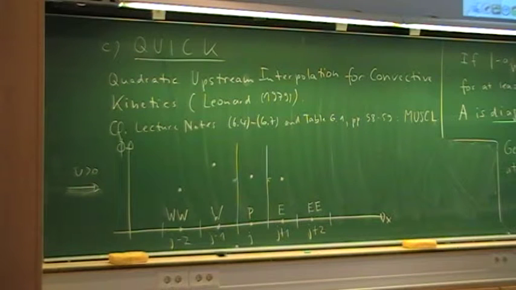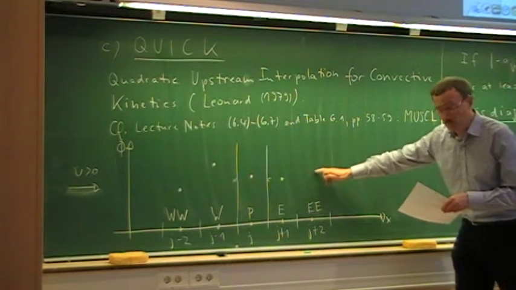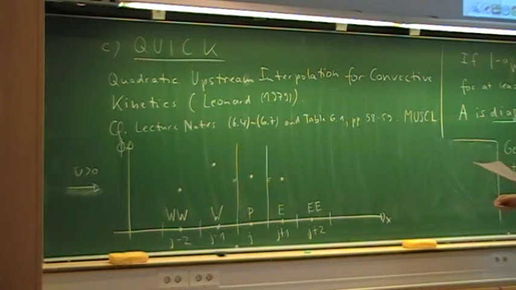If we have flow from right to left, we need also some value here. But for this, we need only that.